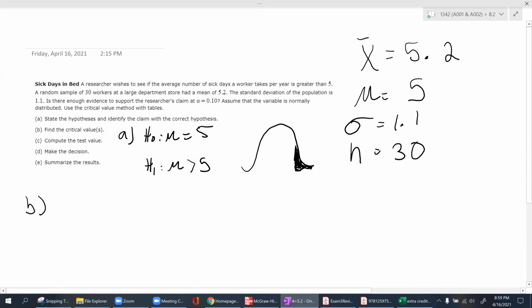So again, let's find our z crit. This is 1 minus alpha. What is my alpha? 0.10.